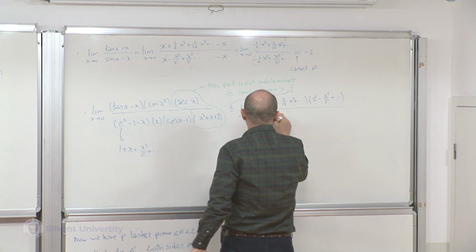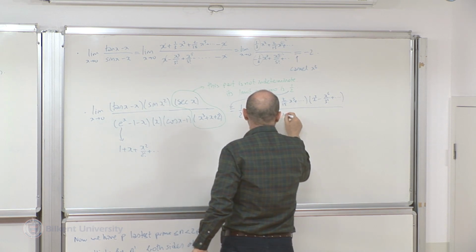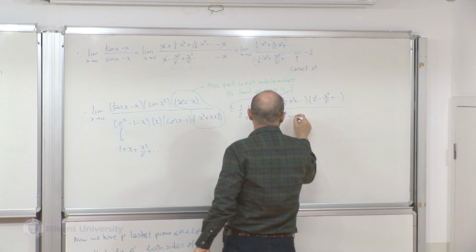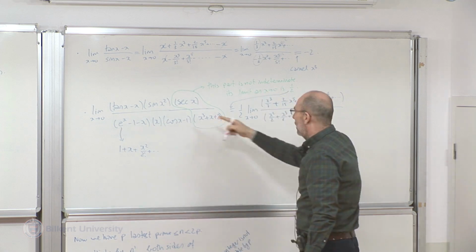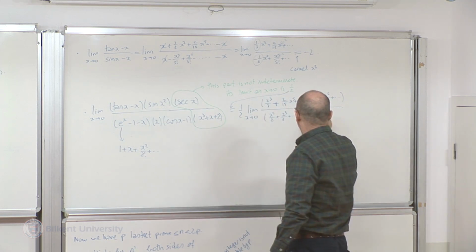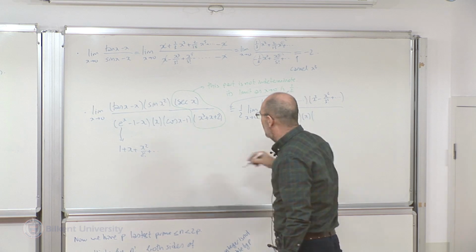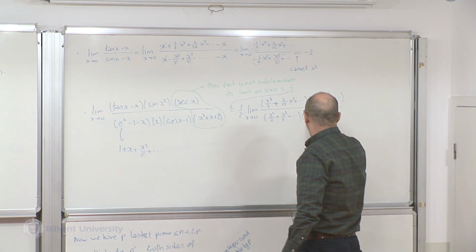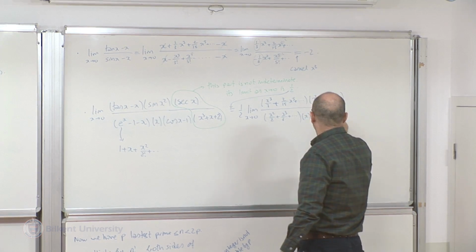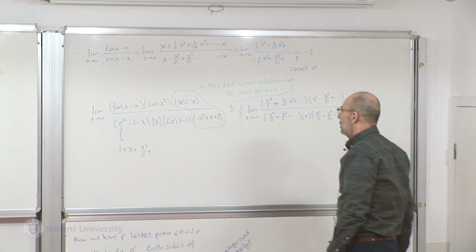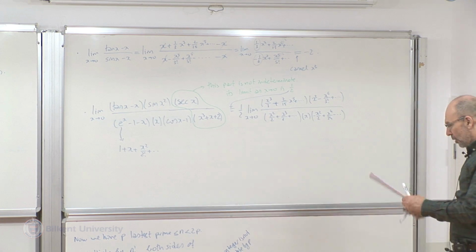So this is x squared over 2 plus x cubed over 6 plus these things. I have an x here. And I have cosine x minus 1, which is minus x squared over 2 plus x^4 over 24 minus something. Okay.